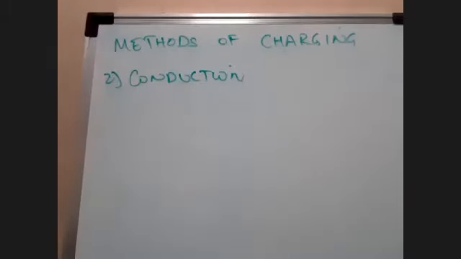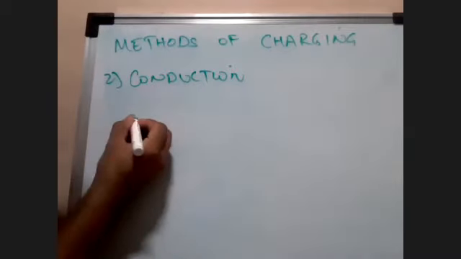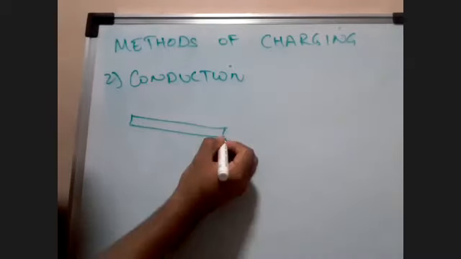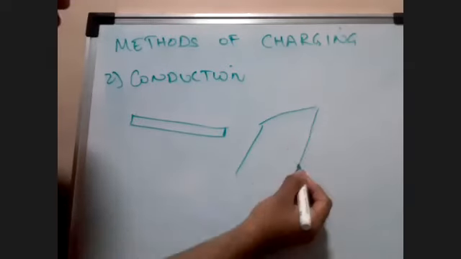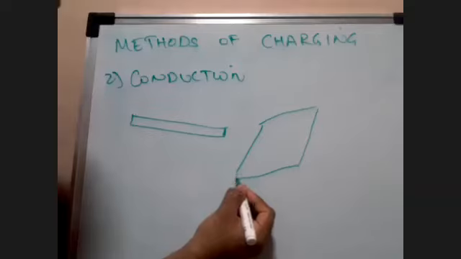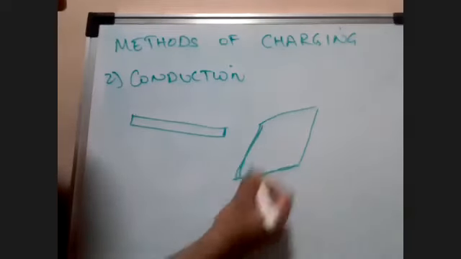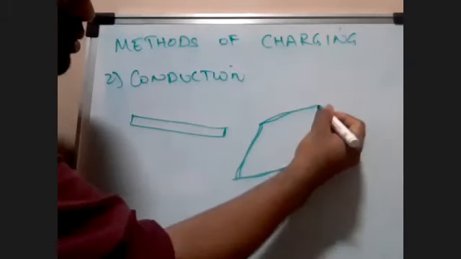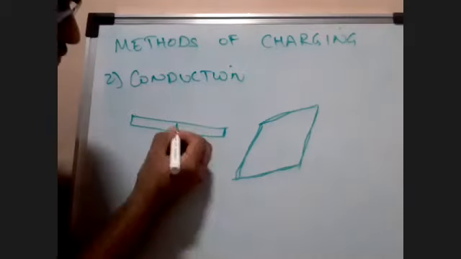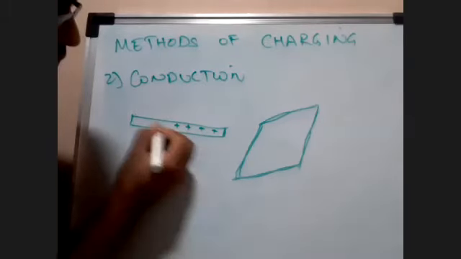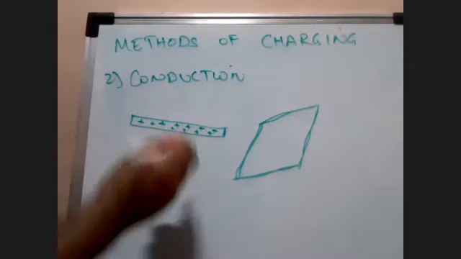So basically, when you bring two conductors together, suppose this is a metal rod and this is a metal plate. The rod has a number of positive charges; this is a positively charged rod.